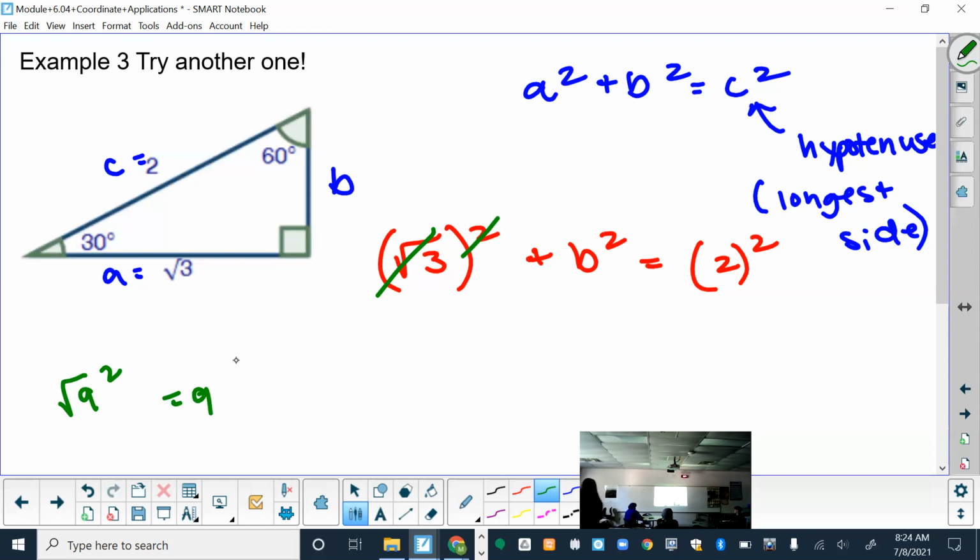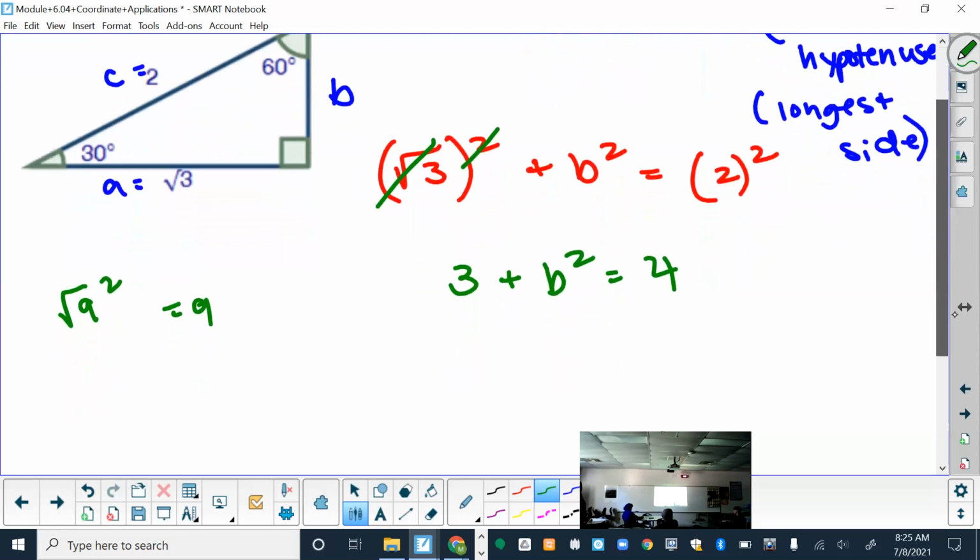That's true for any number. The square root of 9 is 3, 3 squared is 9. So over here, I just have 3. B squared is still unknown. What's 2 squared? 4.